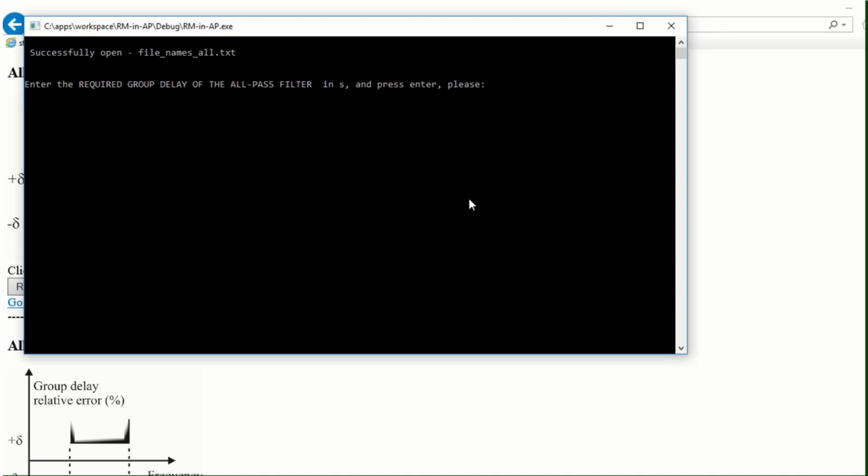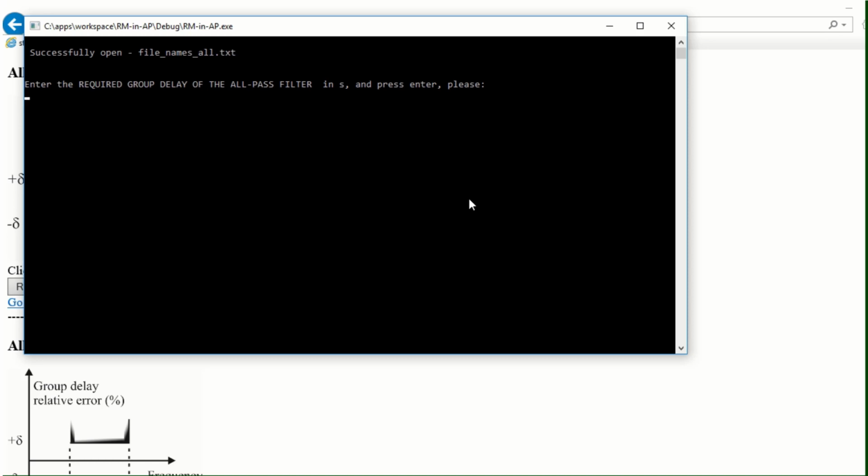So the first data to be entered is the group delay of the all-pass filter. This is a tricky question since the area under the group delay curve is pi halved multiplied by the order of the filter for the low-pass filter and multiplied by twice the order of the filter for the all-pass filter.